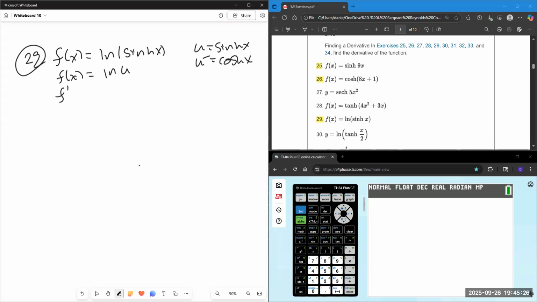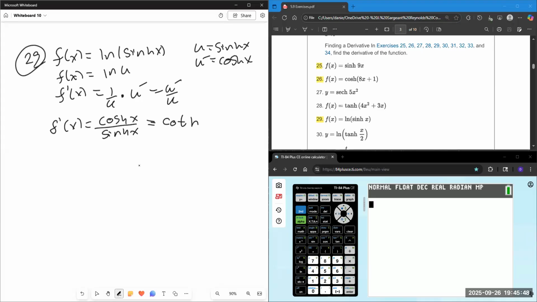So f prime of x is equal to 1 over u times u prime, or u prime over u. F prime of x is equal to cosh x over sinh x, and we talked about that quotient identity earlier, that is hyperbolic cotangent of x.